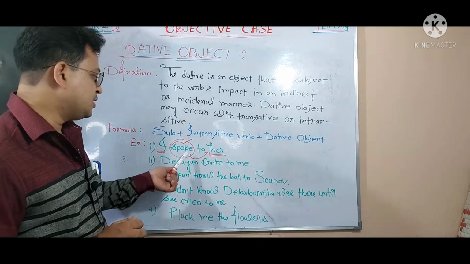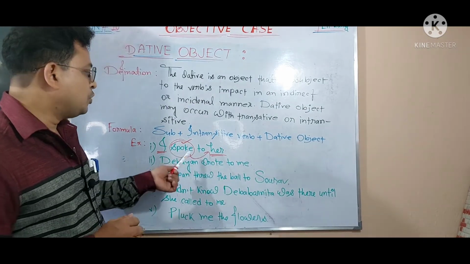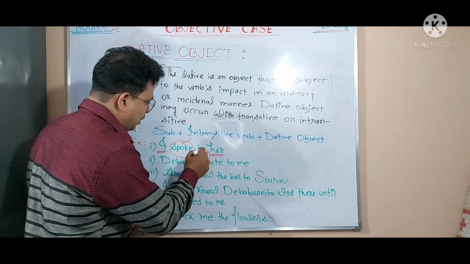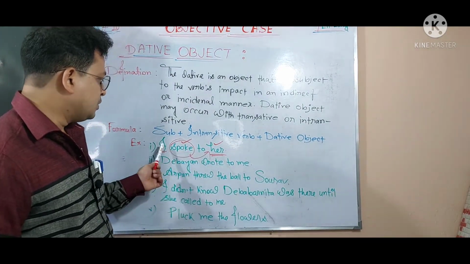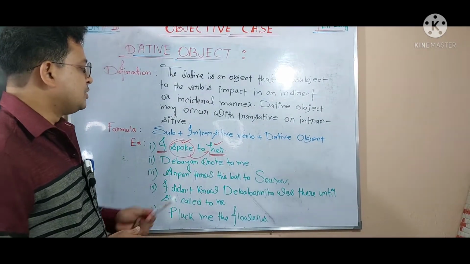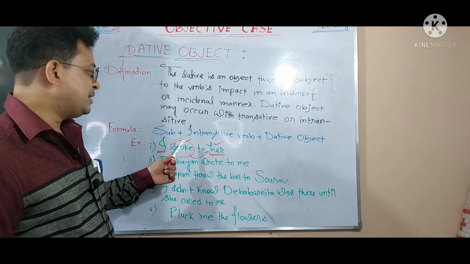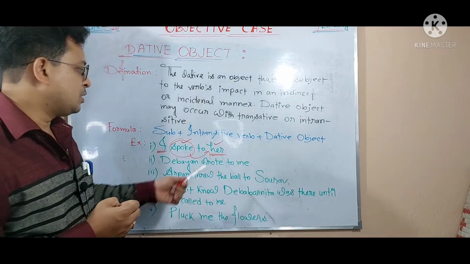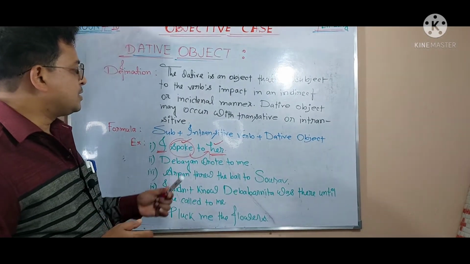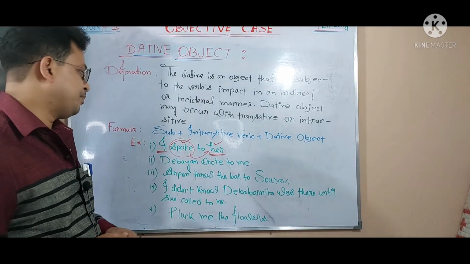It is an intransitive verb because there is no object. With whom did I speak? With her. So this is an intransitive verb, and again her has been pulled out. Her is called here the dative object.